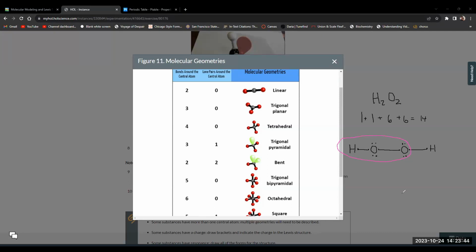I don't know if that would help. So you have 2 lone pairs and 2 attachments. So it's actually bent. And for the other oxygen, because it's the same, we can also rule that it's also bent.